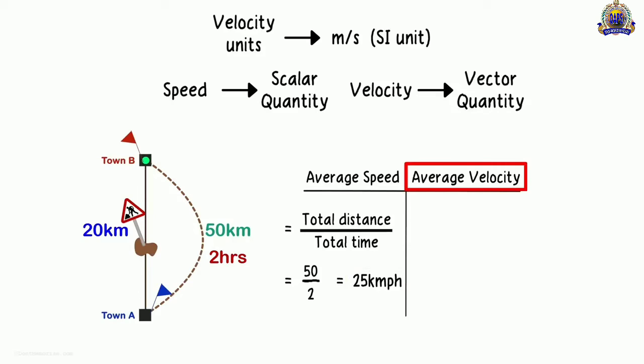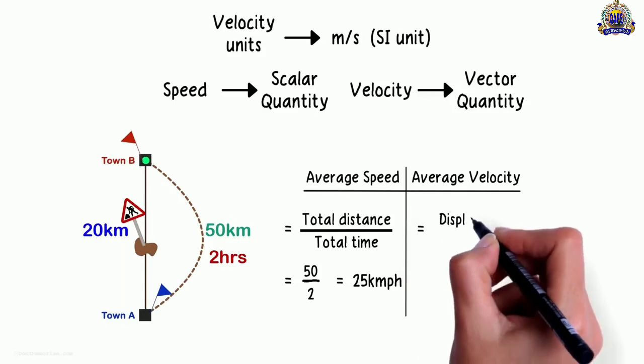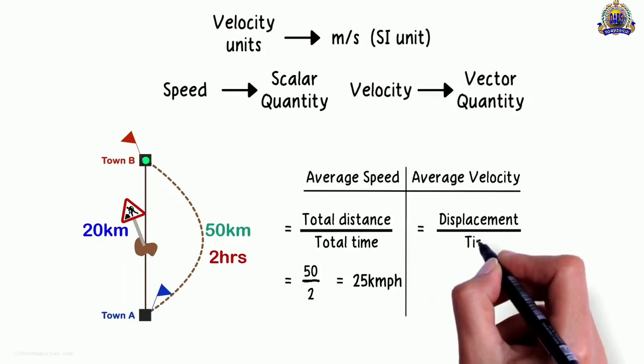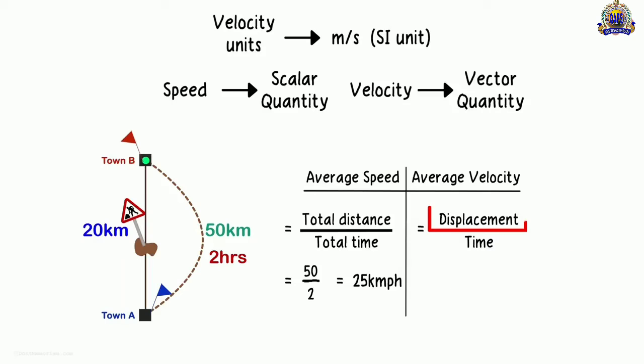For average velocity, it is the total displacement upon the total time required for covering the displacement from town A to town B. Here we put the value of the displacement, as town B is in a particular direction and it is covered in a particular direction.